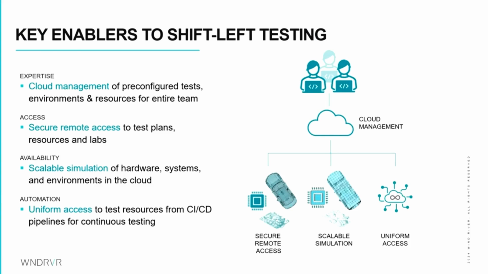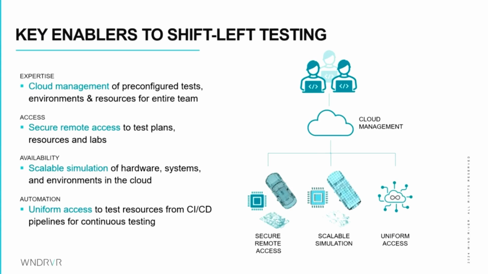The second one is secure remote access. So you can test anytime, anywhere. So when we talk about secure remote access, in our increasingly hybrid work culture, teams need the flexibility to access tests and resources from anywhere in the world.